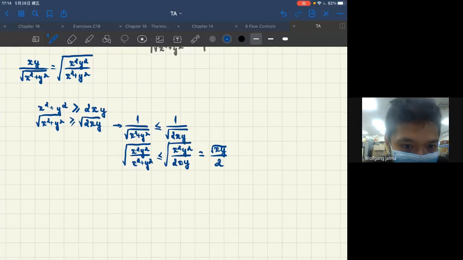square root of xy over 2 on one side and minus square root of xy over 2 on the other side. So you squeeze from both sides.